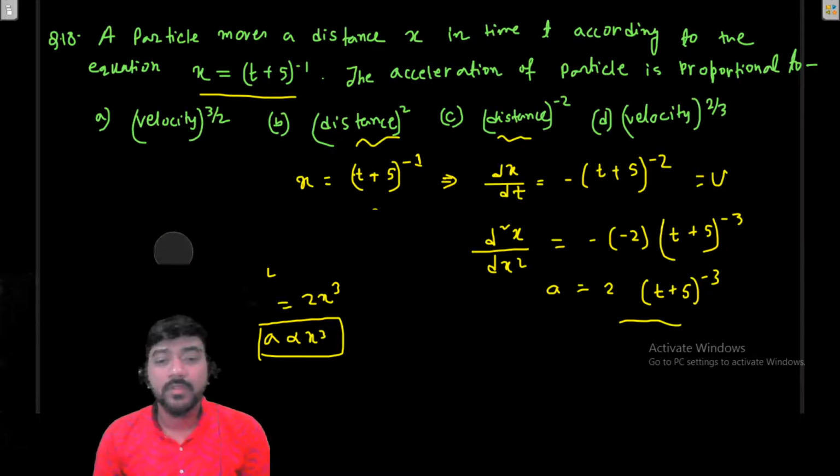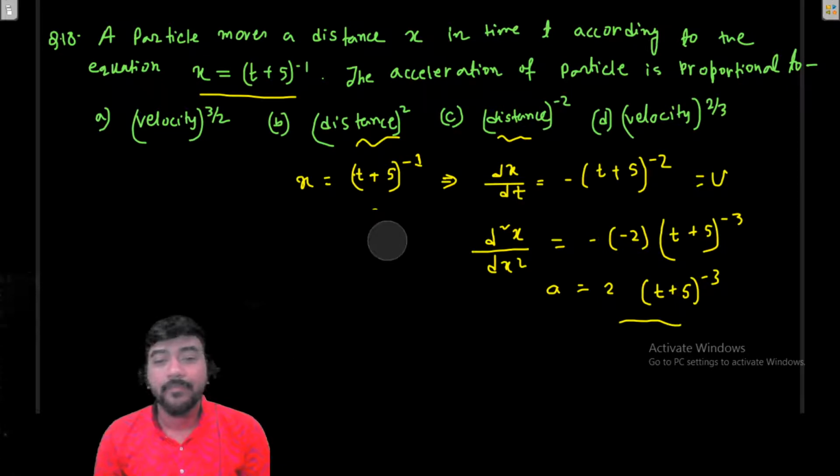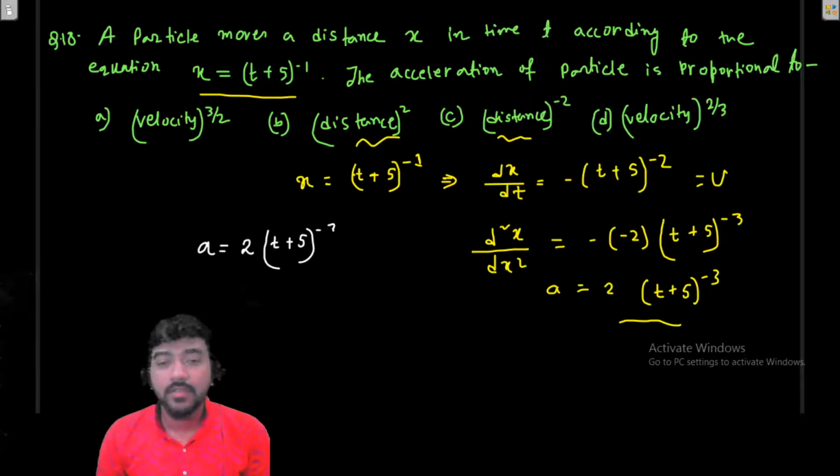So now you can express it in terms of velocity also. Okay, so velocity is what? t plus 5 to the power minus 2. So you have to find t plus 5 to the power minus 2. How you can find? We have a is equal to 2 into t plus 5 to the power minus 3.